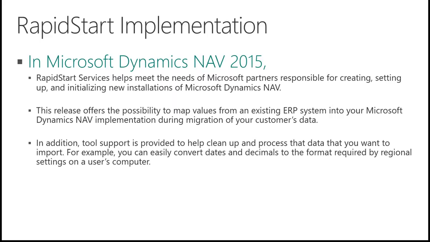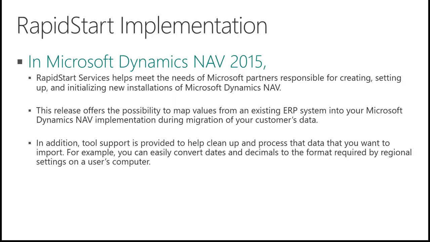What we've enhanced in NAV 2015 is if the terms codes don't exist, we'll go ahead and set them up in the table, just the code without the description, so you actually can go ahead and import those customers and that terms code will be defined. So again, it makes it smoother in your migration of data into Dynamics NAV 2015.